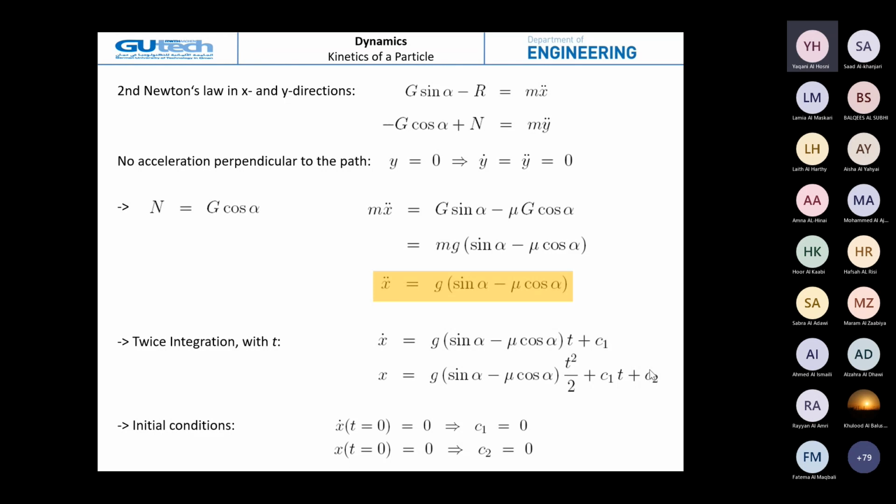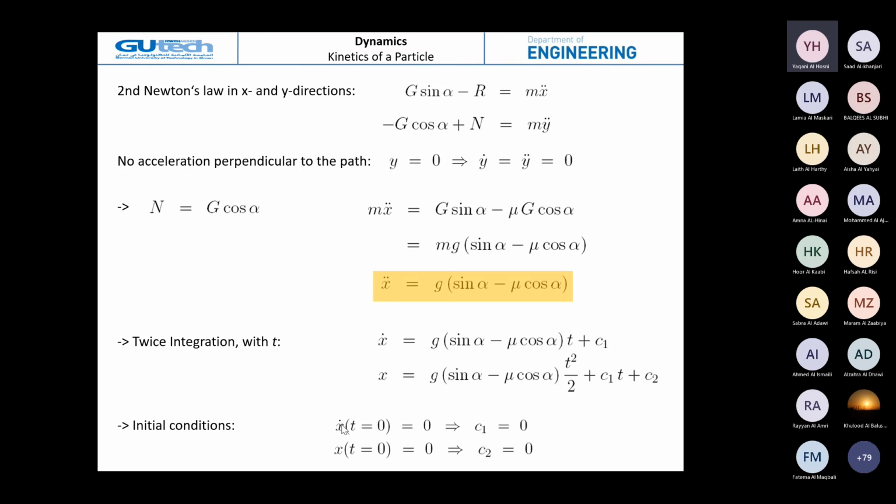To determine C1 and C2, we always take the initial conditions, which we know.